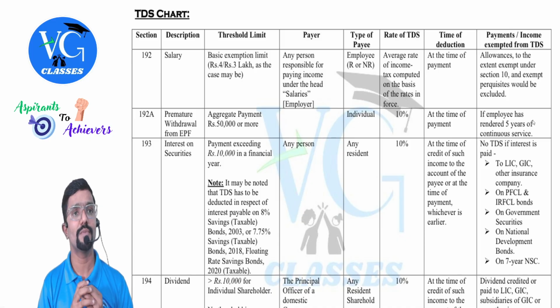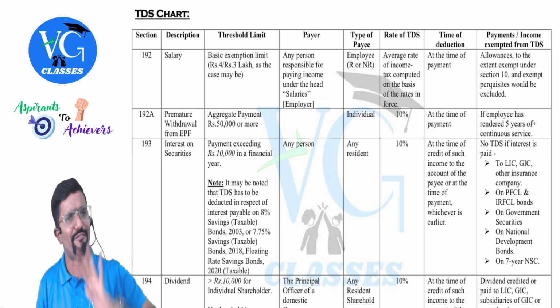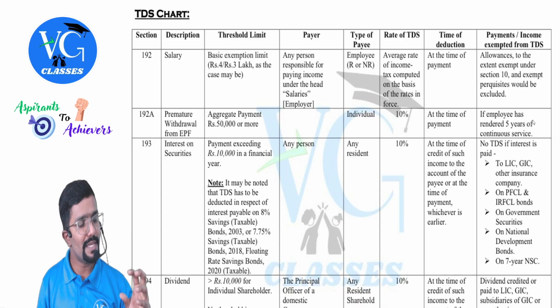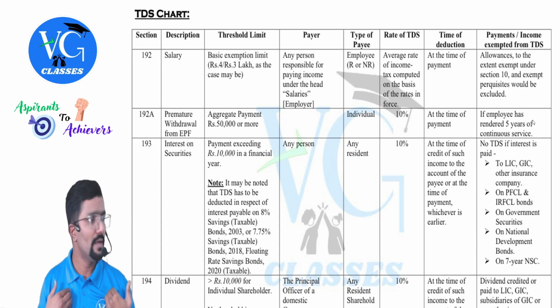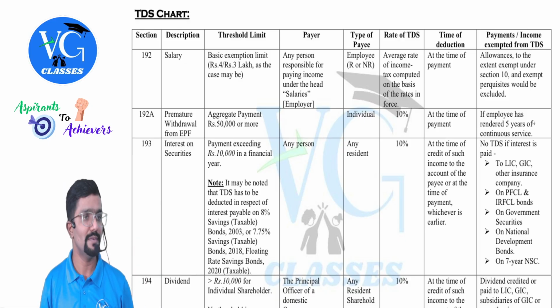I repeat. Who is the one opening the PF account in the name of the employee? The employer. With whom is he opening? Assume with any fund, which is recognized. Now, this employer has to tell the fund, if the employee is withdrawing within 5 years, it is taxable in the hands of the employee, please deduct TDS. Who should make this arrangement? The employer.